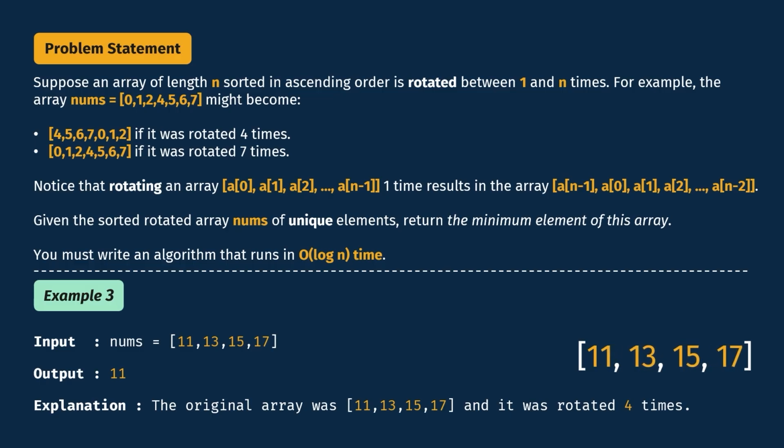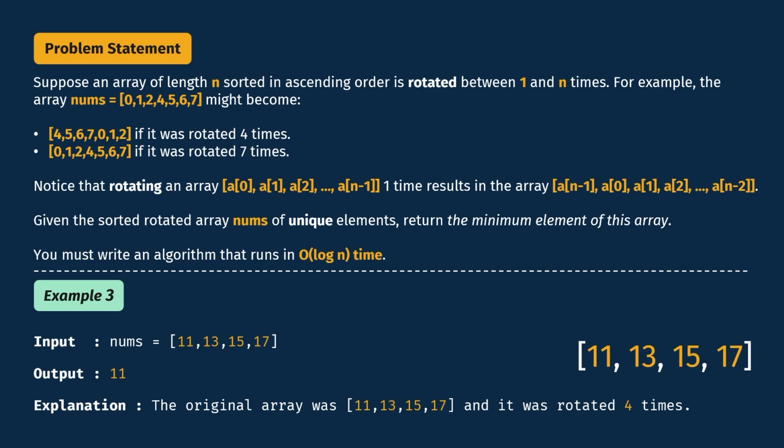But since there are exactly 4 elements, rotating it 4 times brings it back to its original position. So the array looks like it was never rotated at all. In this case, when there is no apparent rotation, the minimum element is simply the first element, which is 11. So this is an important edge case to keep in mind.